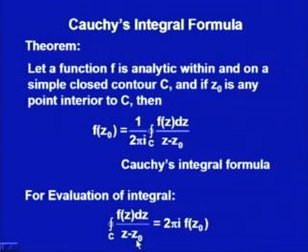Now, we are having that at one point z naught the function is not analytic. If it would have been analytic at that point also, then along any simple closed contour C it should have been 0, but it is not.